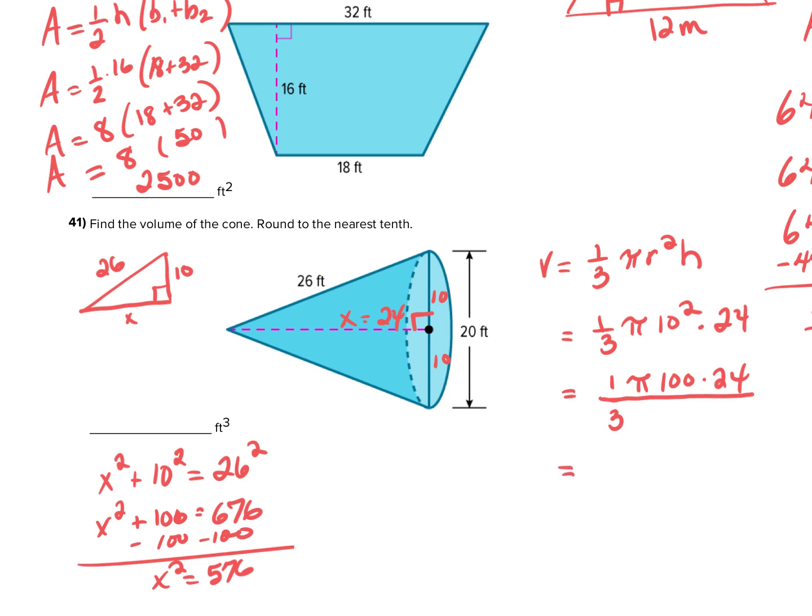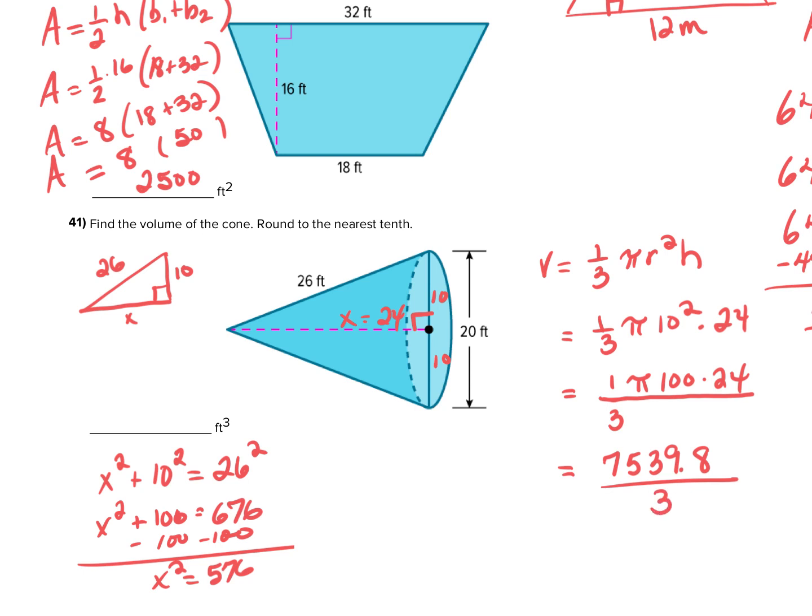So I have 100 times pi times 24. And in this case, I used the pi button. I didn't use 3.14. So if you use 3.14, your number is going to be slightly off from mine. But that's not a big deal. We're only talking about tenths of a point.